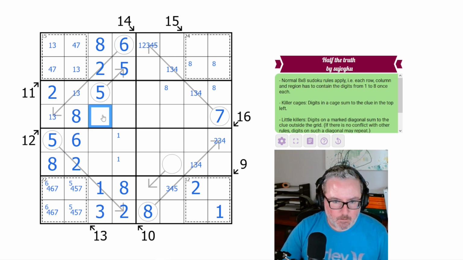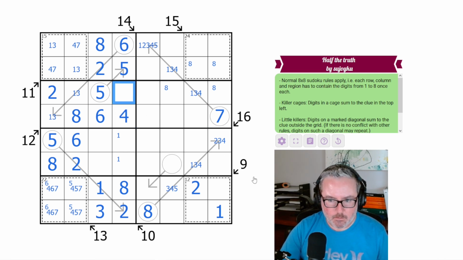Okay. Oh, and this has to be a 6 because of that one. Good. What are these two digits then? They have to be from 4 and 7. We have a 7 here. Okay, 4, 7. These have to be 1 and 3. These have to be 4 and 7.